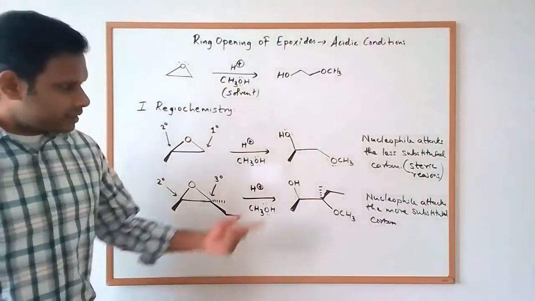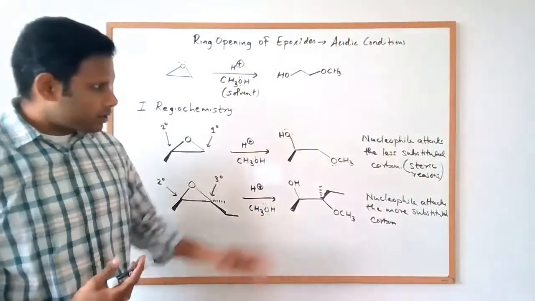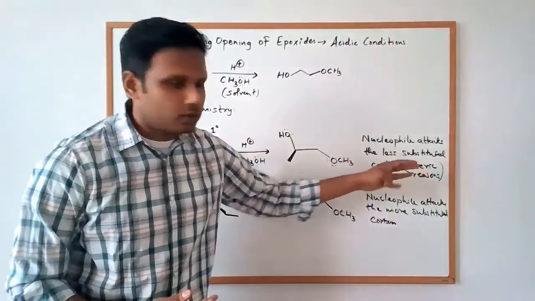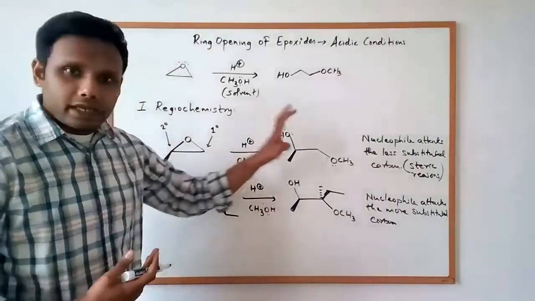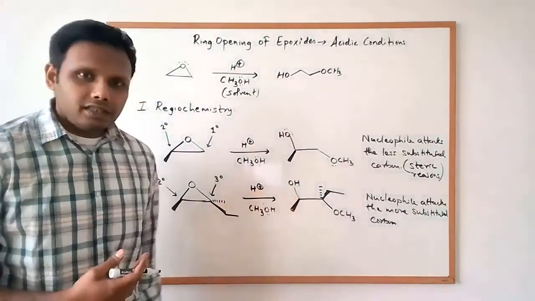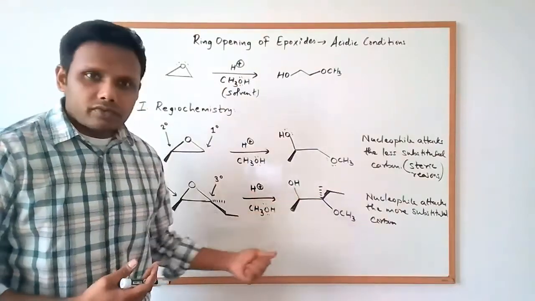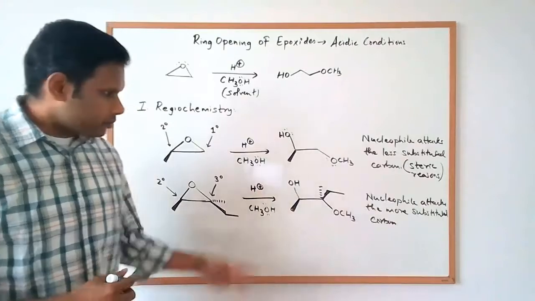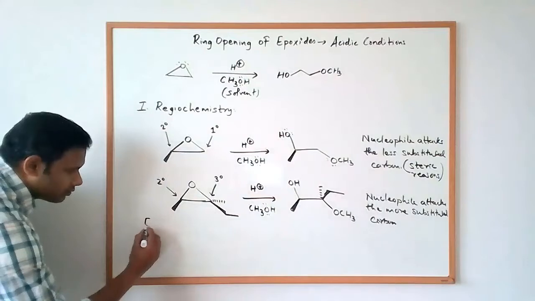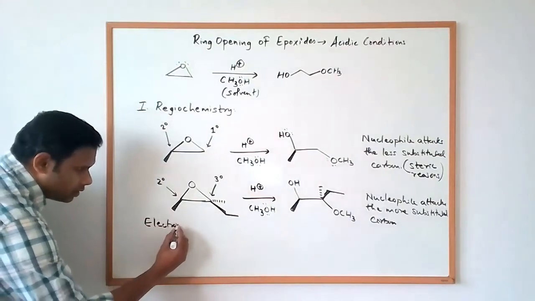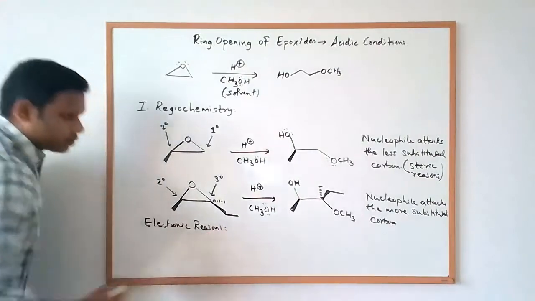Okay, the nucleophile is attacking the more substituted carbon. Why would that be so? Because the first example we can explain based on sterics, because the attack of the nucleophile was an SN2-like attack, so that would make sense. But in the second case, there is sort of an ambiguity here, okay? That the nucleophile is attacking the more substituted carbon. So this observation is explained on the basis of electronic reasons, okay? Electronic reasons can explain this observation.